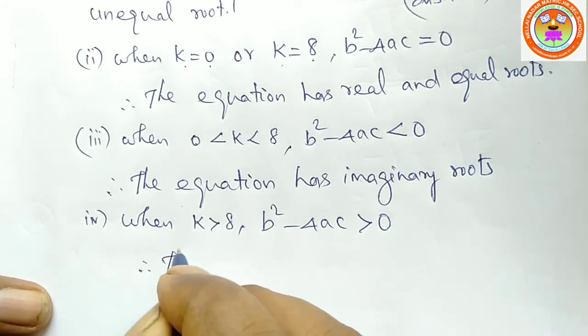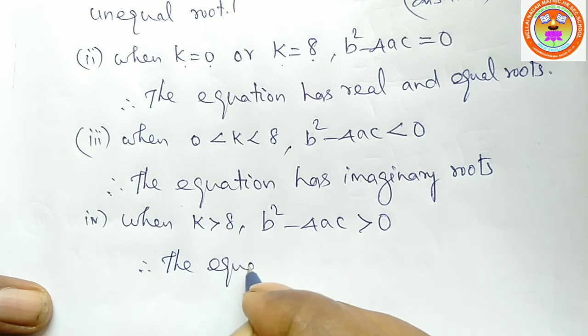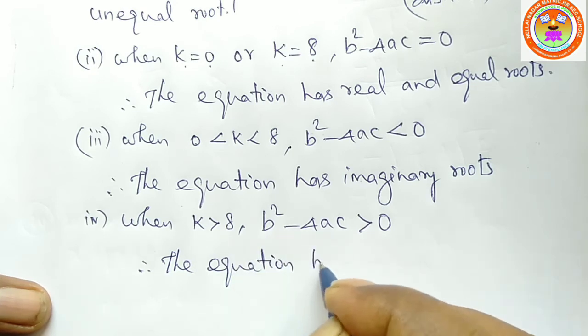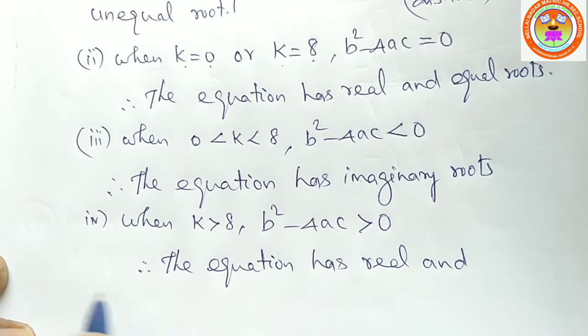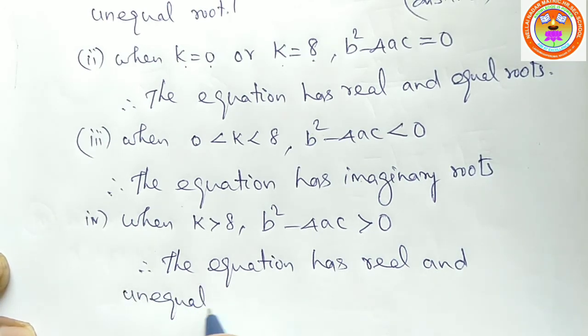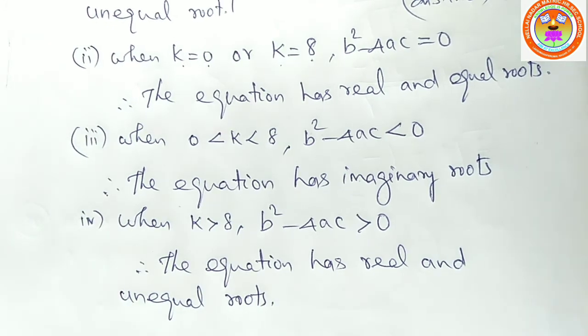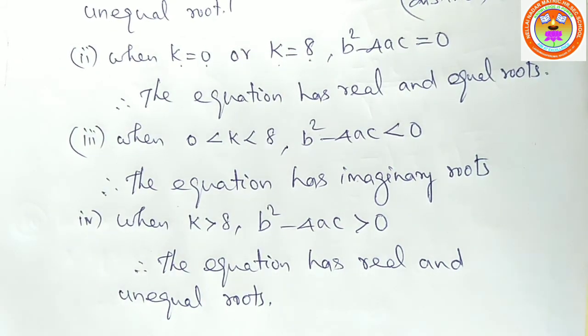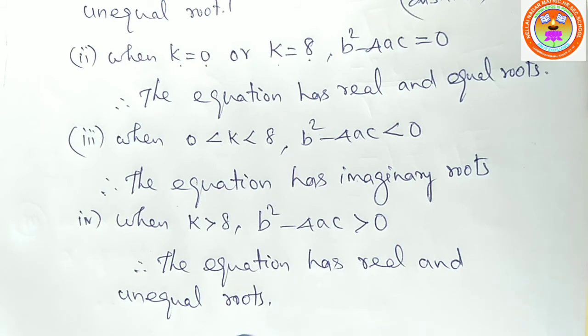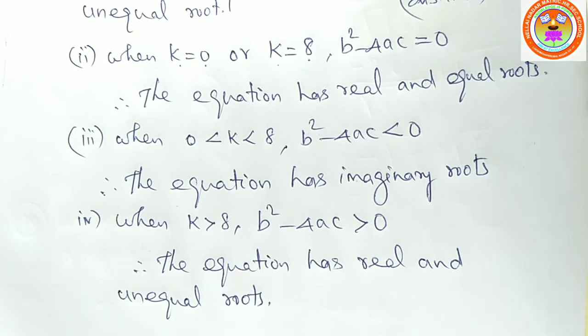Therefore, the equation has real and unequal roots. So these are the values of k which say the nature of the roots of the equation, right?